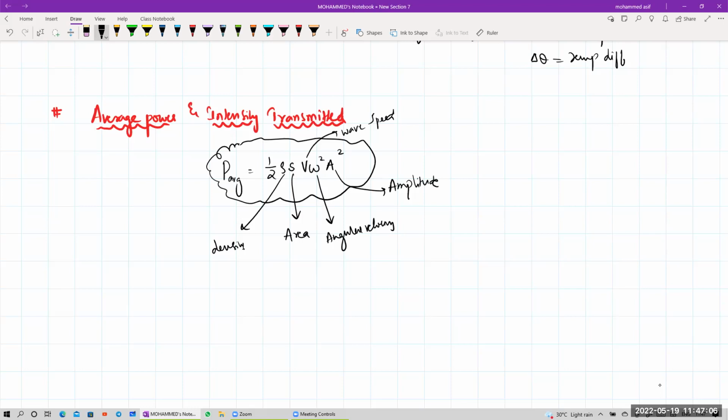Clear? Omega value can also be written as 2 pi into frequency F.